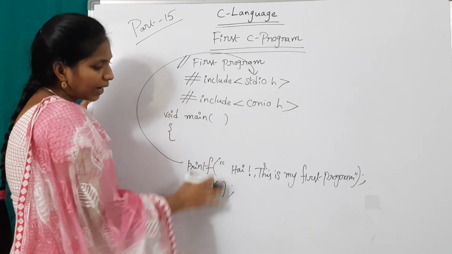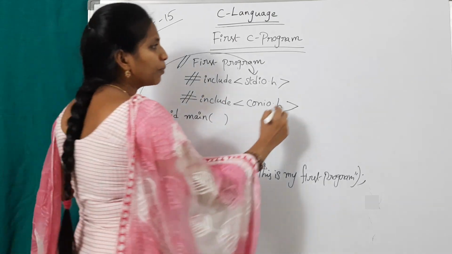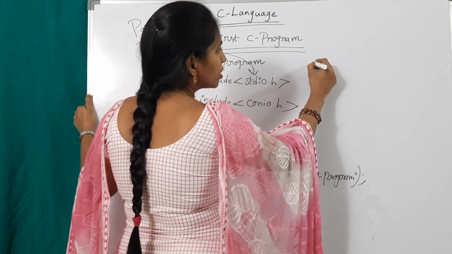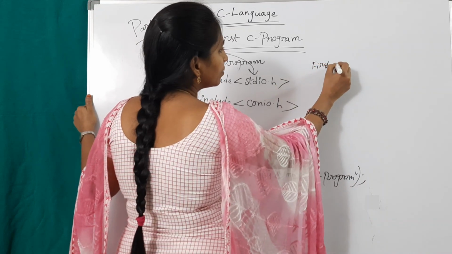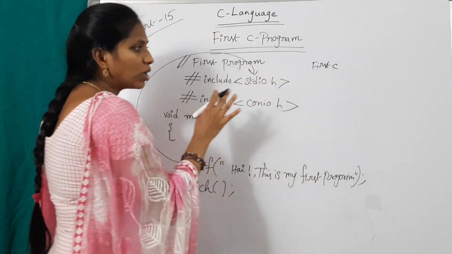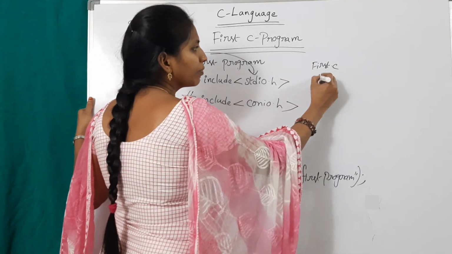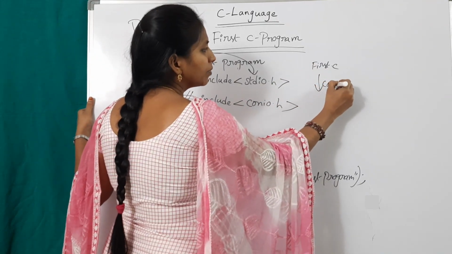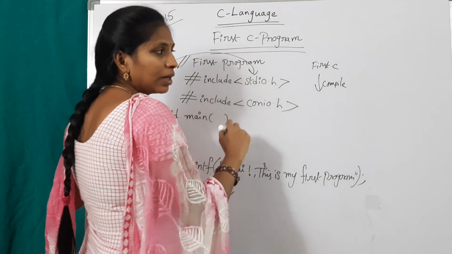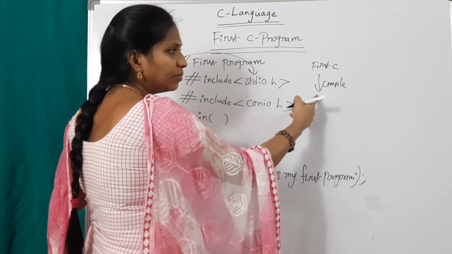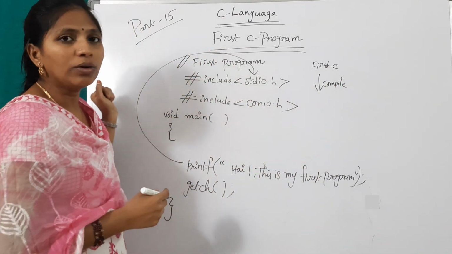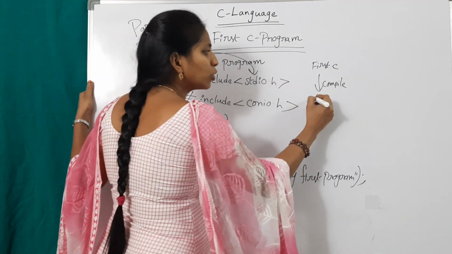After writing this program, save it, for example as first.c. First.c is the program name. After this, compile the program. After compilation, it will give machine code, meaning object code.